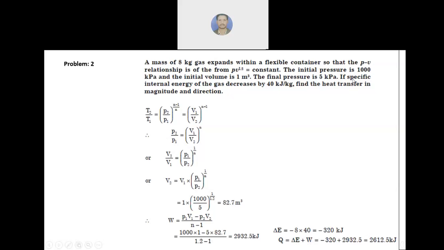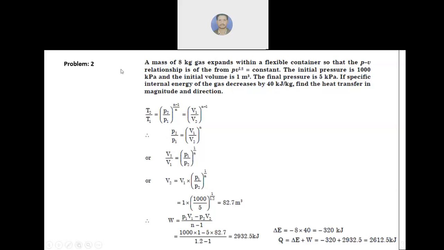Here it is given specific internal energy 40 kilojoule per kg, and it is decreased. Decrease means negative, so minus 40 kilojoule per kg. Now you have to convert it into internal energy in kilojoule, since the unit of work done is kilojoule. This is specific internal energy in kilojoule per kg, so multiply it with mass and kg will cancel, leaving kilojoule.